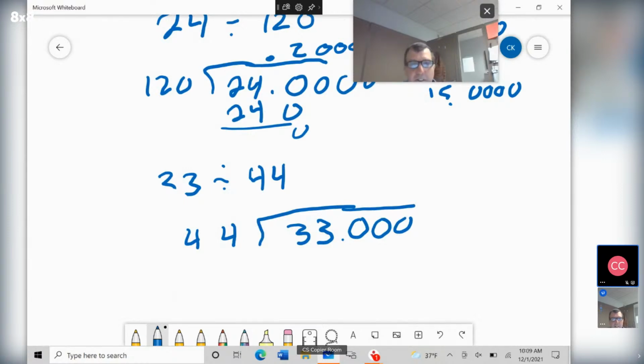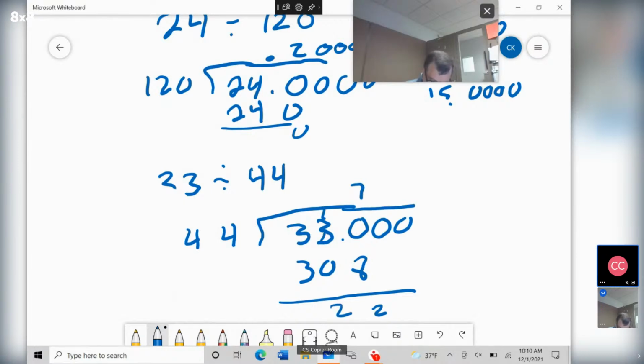And you guys, you can certainly use a calculator for this, but if you're doing it longhand, it's going to be 7 times. Okay. And then 7 times 4 is 28. We want to carry the 2. So it's 7 times 4 again is 28, plus the 2 is 30. And then 10 minus 8 is 2. 2 minus 0 is 2. And then we're going to bring down this 0.